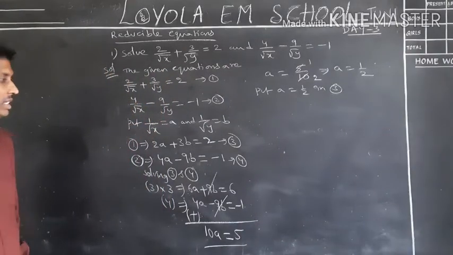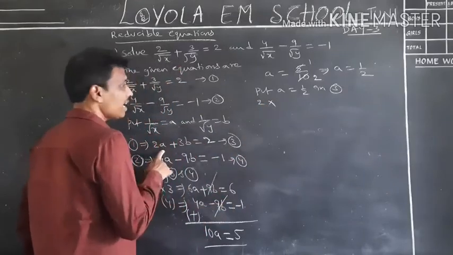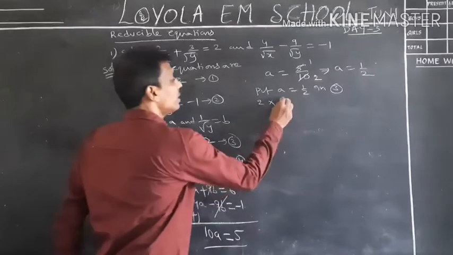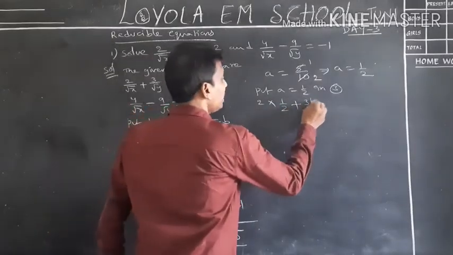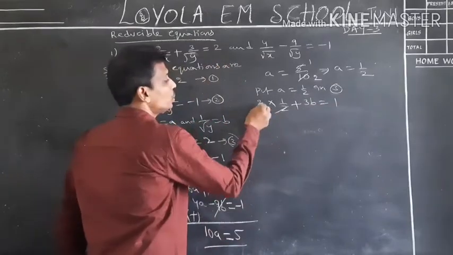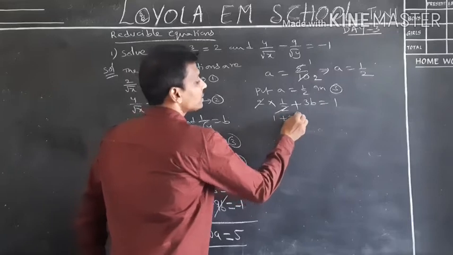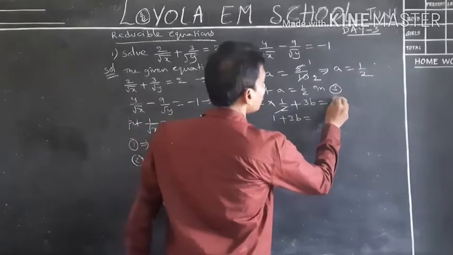How will the third equation change? This is 2a. 2 into a value, how much do you know there? Already we get a value is 1 by 2, plus this is 3b is equal to 1. 2 will be cancelled. So what number is left here? 1 plus 3b is equal to 2.